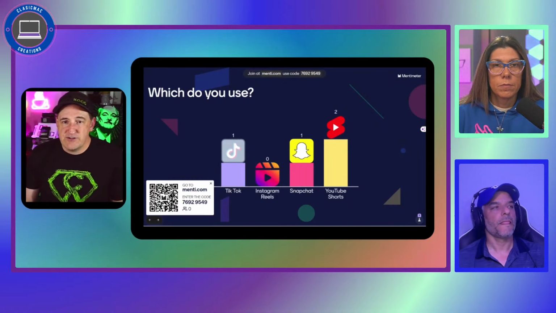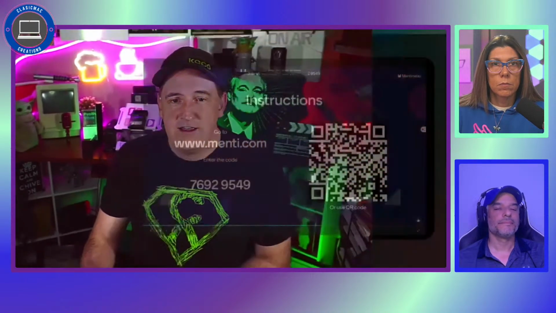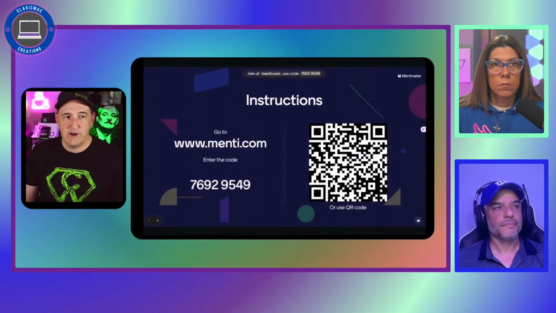So make sure that you consider these short form content as part of your strategy going forward, because they are very useful in trying to get more engagement with your audience and get them included as part of your audience going forward.